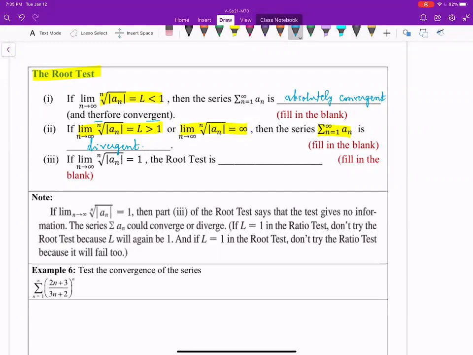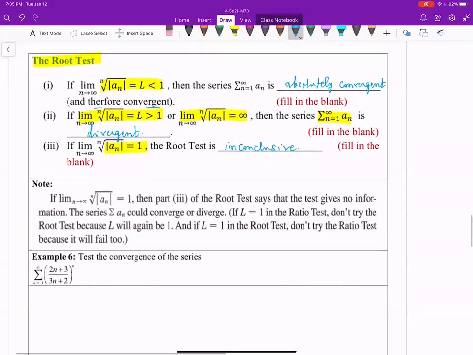If the limit as n approaches infinity of the nth root of absolute an equals 1, then the test is inconclusive, which means that you cannot say anything about the convergence or divergence of that given series.